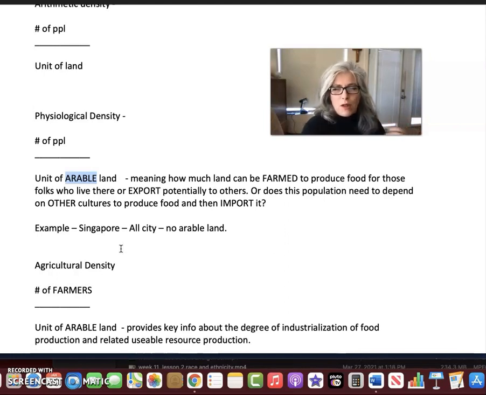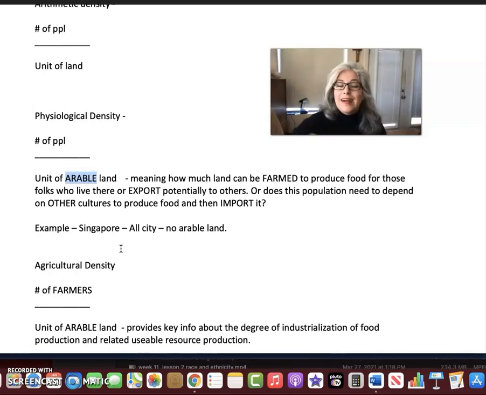Singapore is, so I don't think there's many factories making industrialized foods, which we will talk about in future weeks. But anyway, Singapore has no arable land, and so they are completely reliant on other locations that do have a lot of arable land available to them, in order to buy that food that the population in that city-state needs.